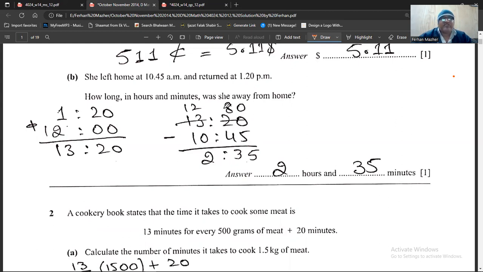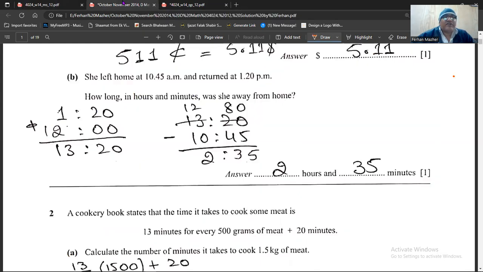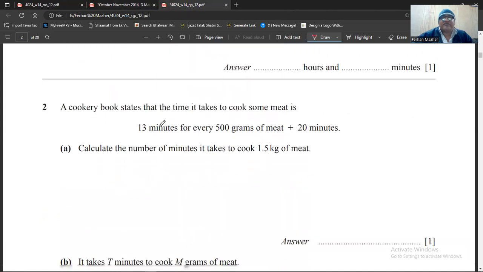So 20 plus 60 is 80, and from 13, 1 hour has been borrowed, so it will become 12 hours. From 80 subtract 45, you get 35 minutes. From 12 hours subtract 10, you get 2 hours. So 2 hours and 35 minutes is the right answer, sir. So I hope you understand this.